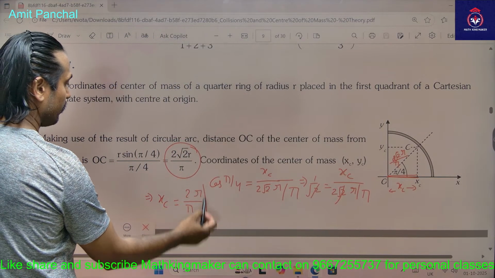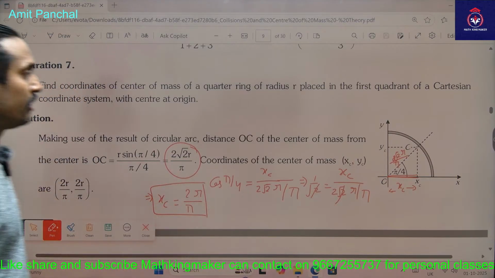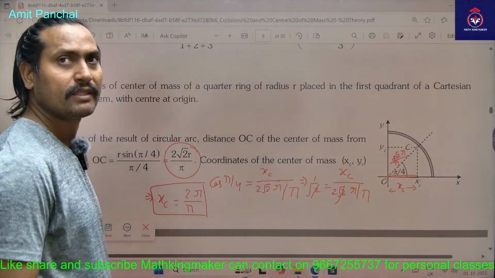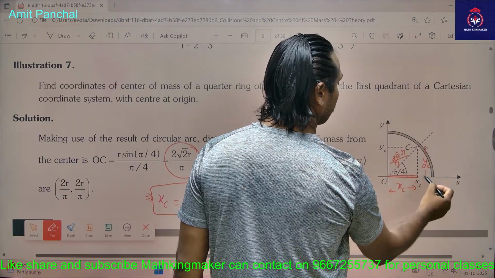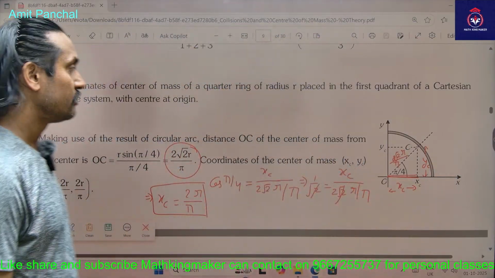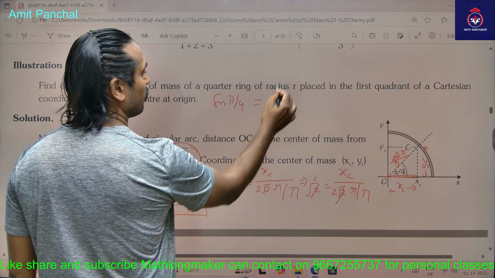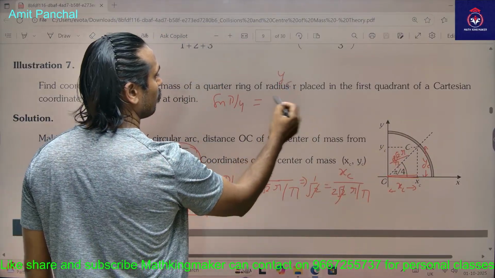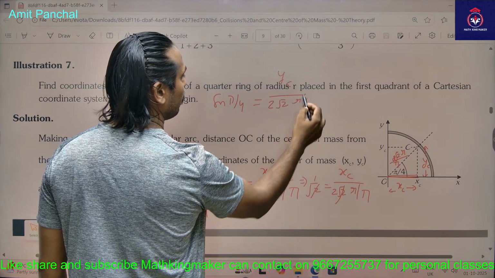So XC will be 2r by pi. Now you can find the value of YC as well. Sine pi by 4 is perpendicular upon hypotenuse, so YC by 2 root 2 r by pi.